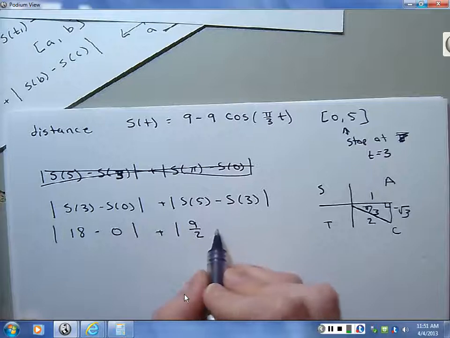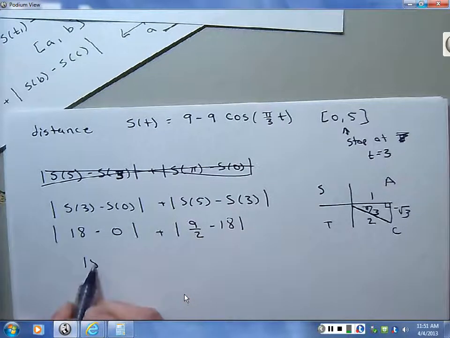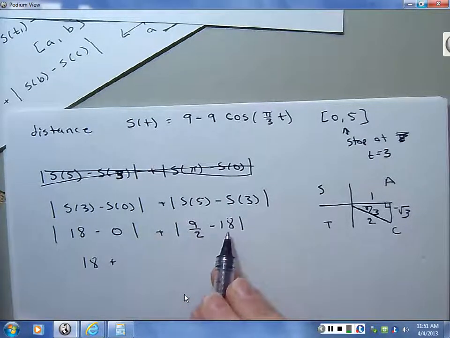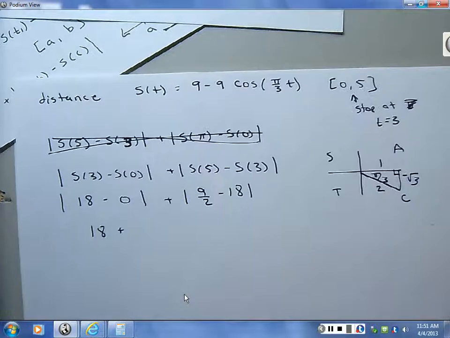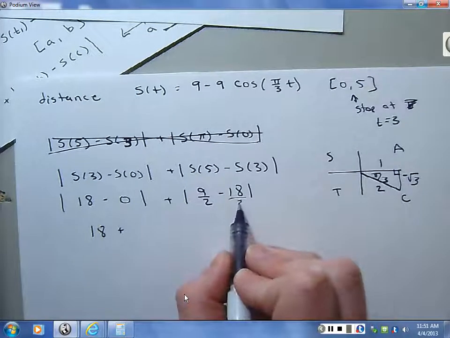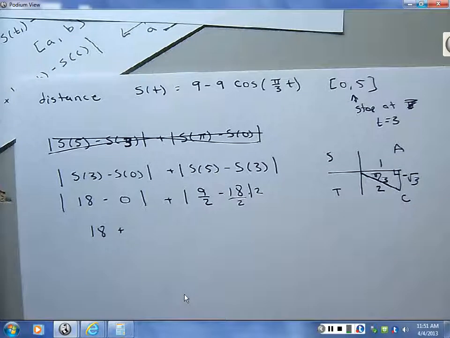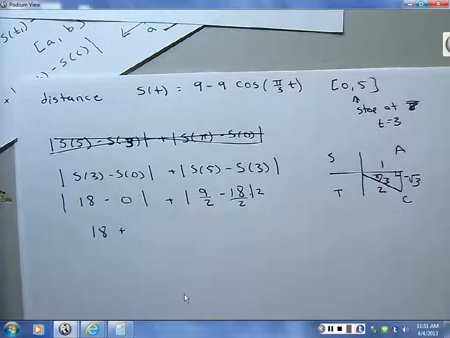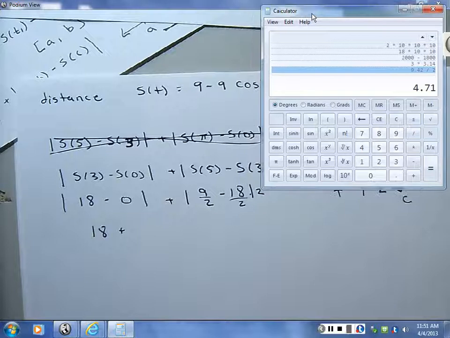Minus at 3 would be 18, so here I'd have 18 plus, what would this be, 9 over 2 minus 18, so 4.5 minus 18, what would it be? So 18 minus 27 over 2, no, 27 over 2.